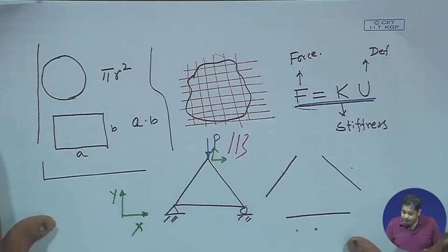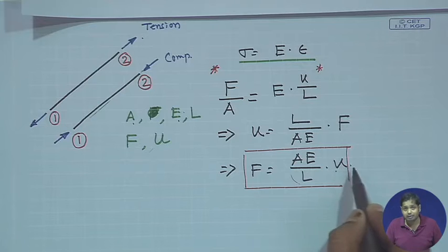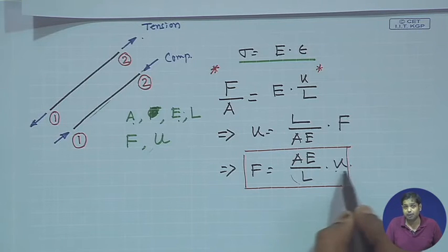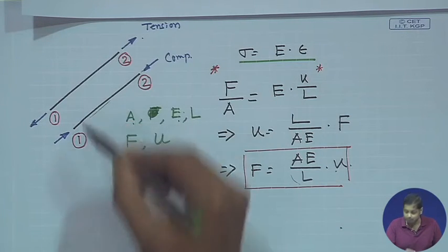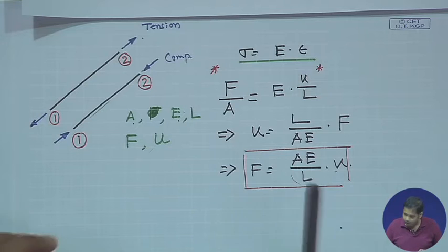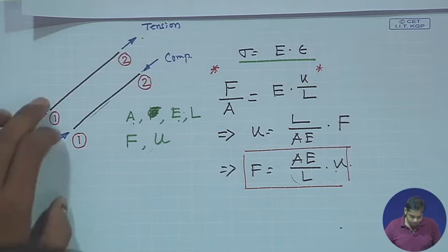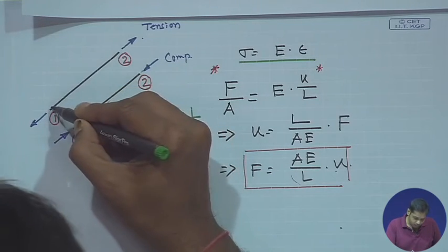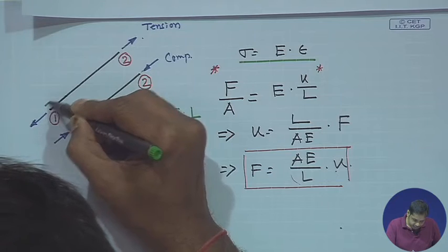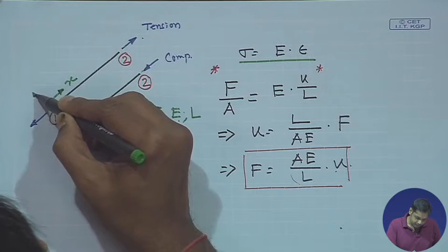But when you write this deformation U, that deformation is not in x and y with respect to that coordinate system. This is along the member, and this is the local coordinate system, which we define like this. For instance, in this case, your local coordinate system is x and y.